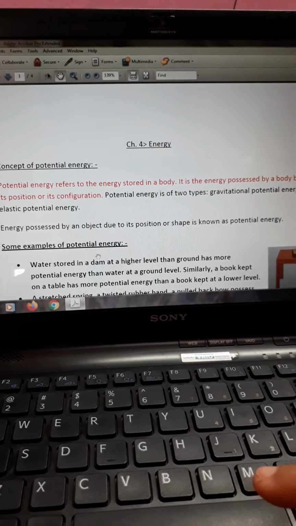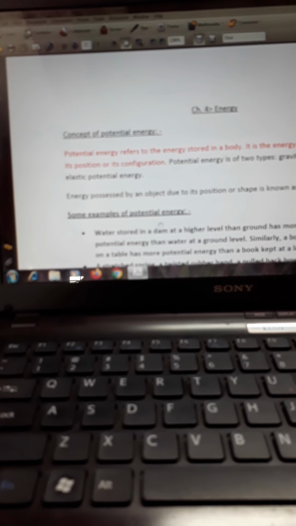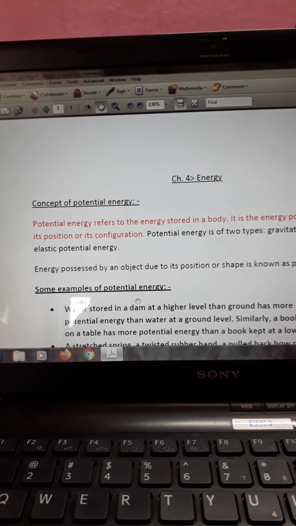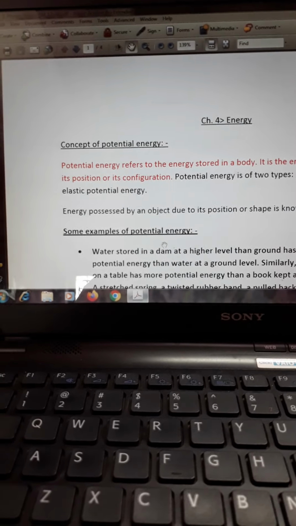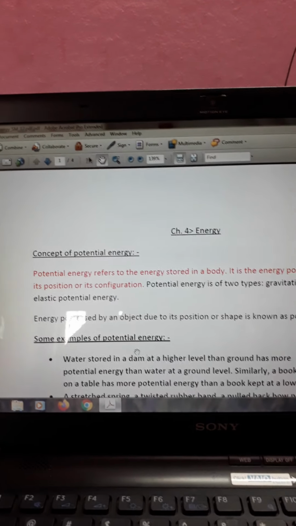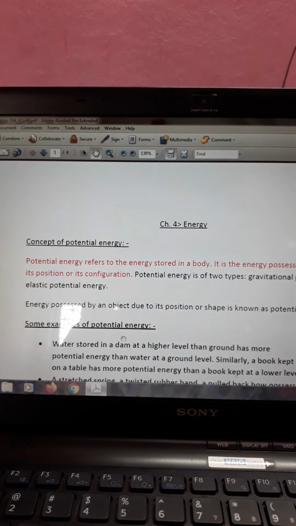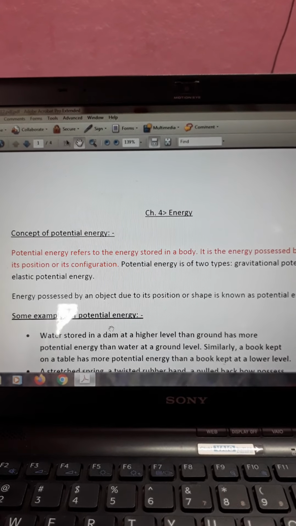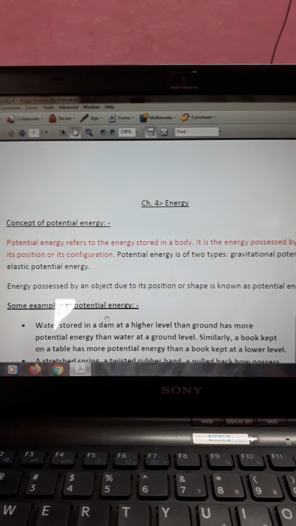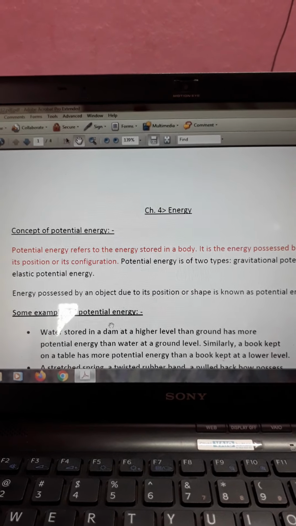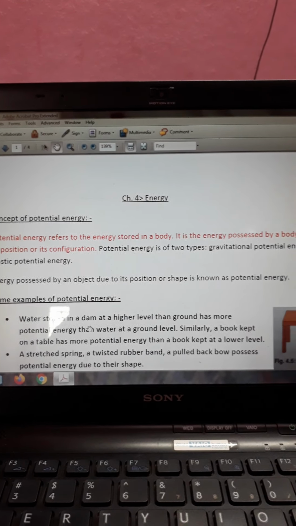Let's see some examples of potential energy. Water stored in a dam at a higher level than the ground has more potential energy than water at ground level. Similarly, a book kept on a table has more potential energy than a book kept at a lower level.